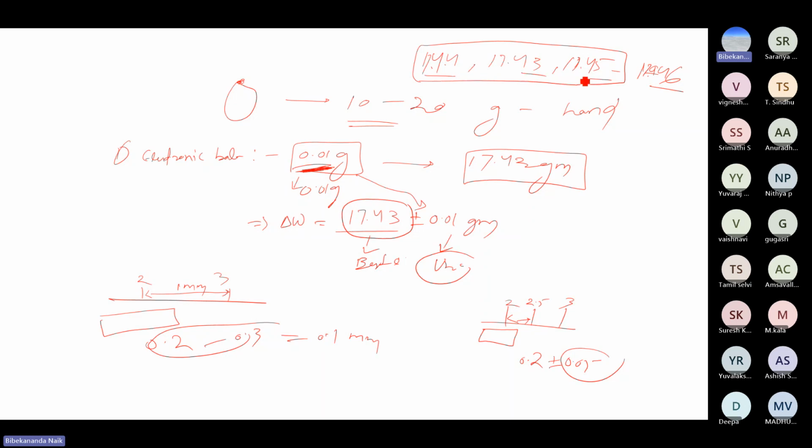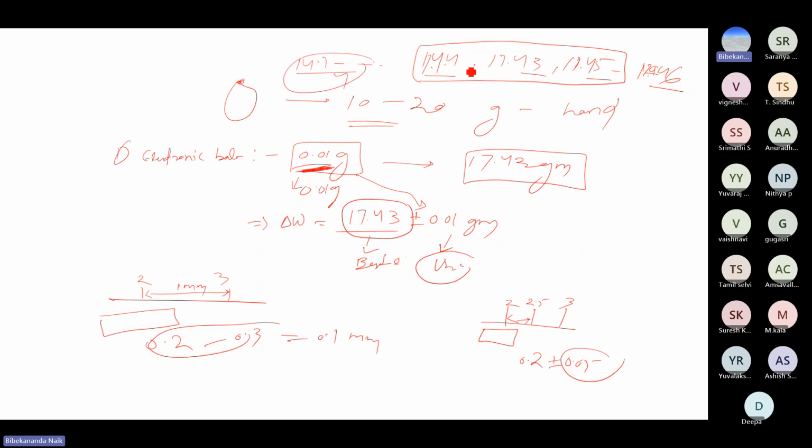So if you take the average, then the average will be how much? There will be some average, the sum of all the readings divided by 4. So you will be getting the average.